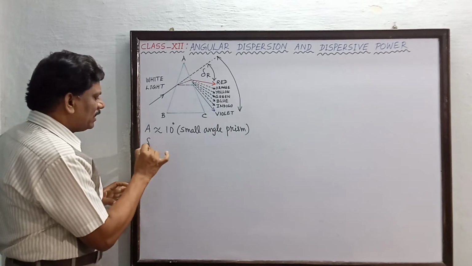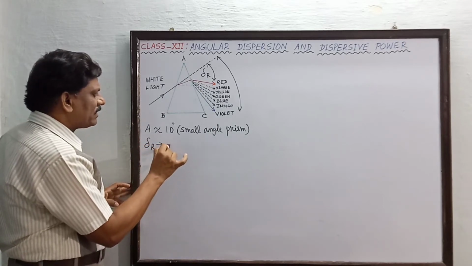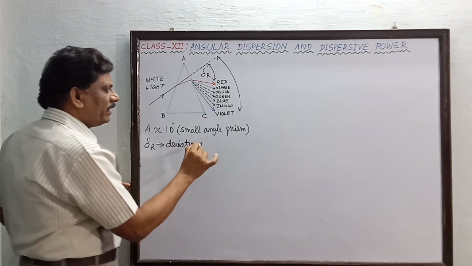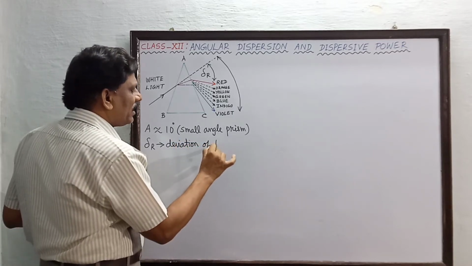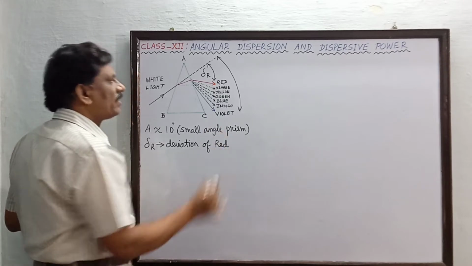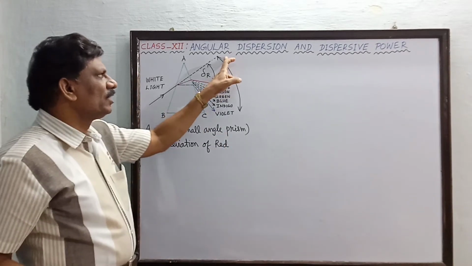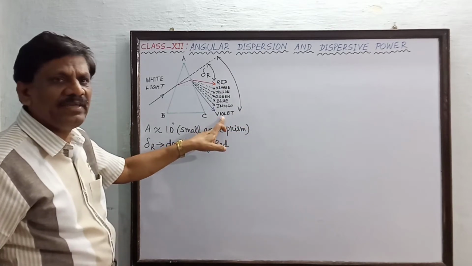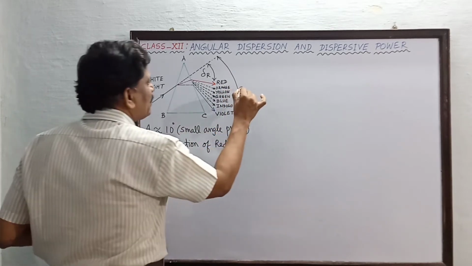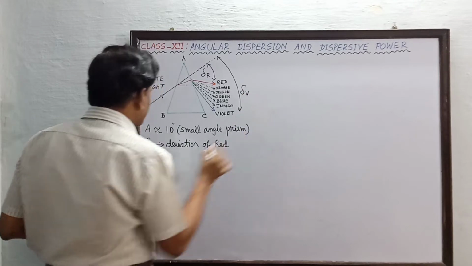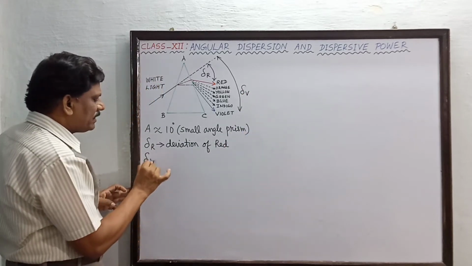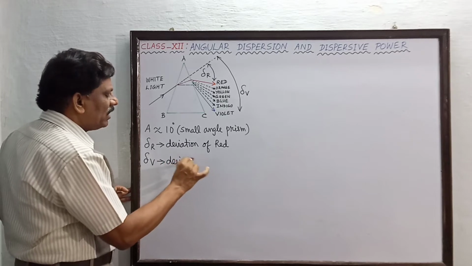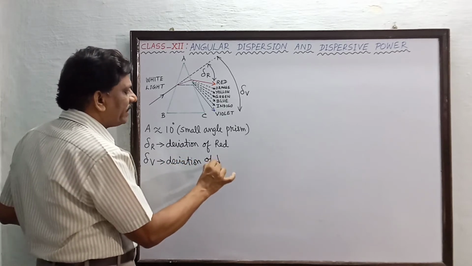So delta R represents the deviation of red light. Similarly, with respect to the original direction, through a very large angle, who has deviated? It is violet. So this angle is delta V, which represents the deviation of violet light.